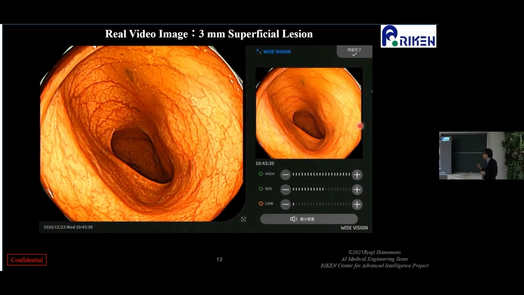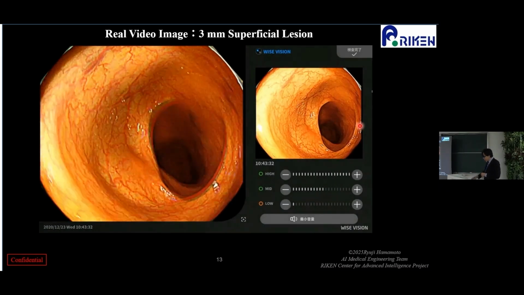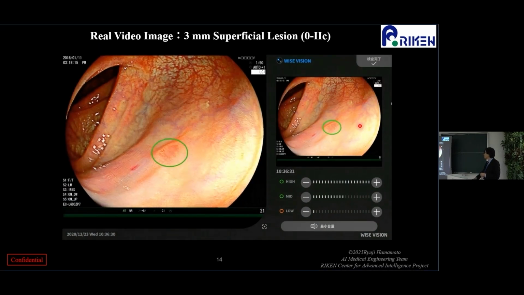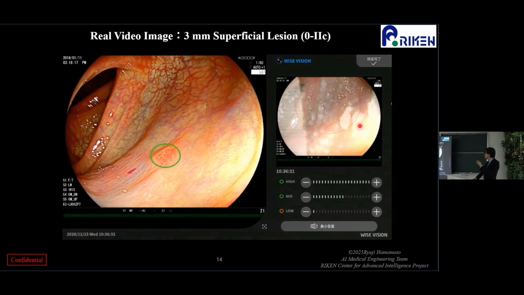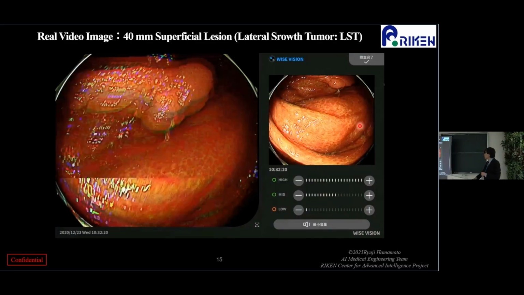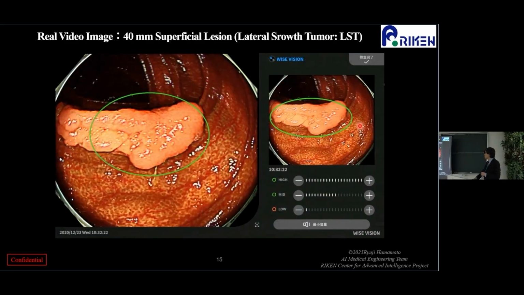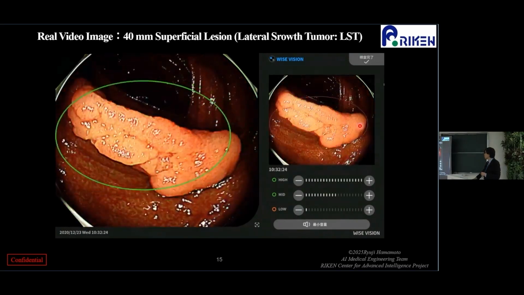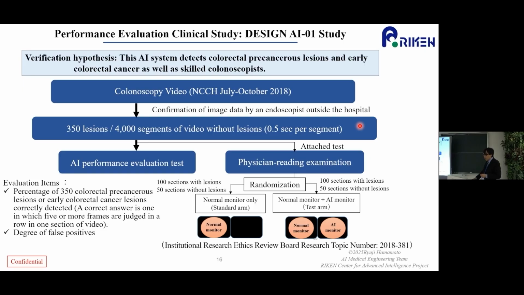Also, similar superficial regions, the 0-IIc, and also a 40 millimeter superficial region, a laterally spreading tumor, LST. So just as I mentioned, our aim is to apply our findings in clinical settings.